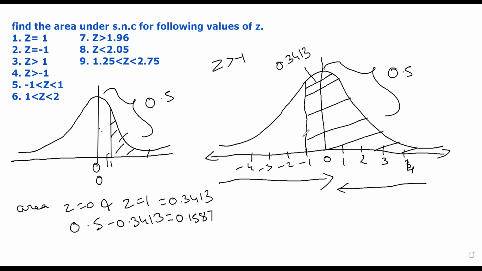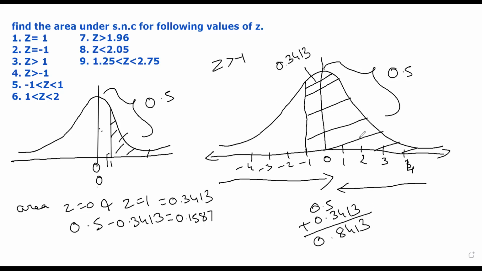If I want to find out area greater than -1, it will be 0.5 plus 0.3413, which is nothing but 0.8413. This is what we are talking about, area greater than -1. एक ही वैल्यू निकाली थी मैंने अभी तक Z की, उसी के ऊपर से मैं आपको एक्सप्लेन करने की कोशिश कर रही हूँ.